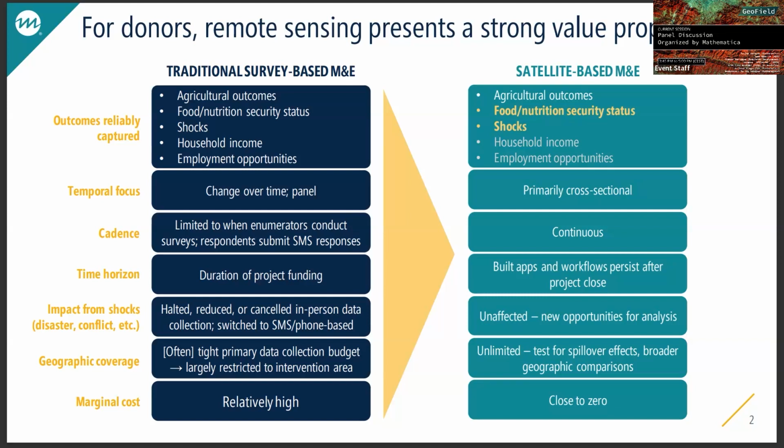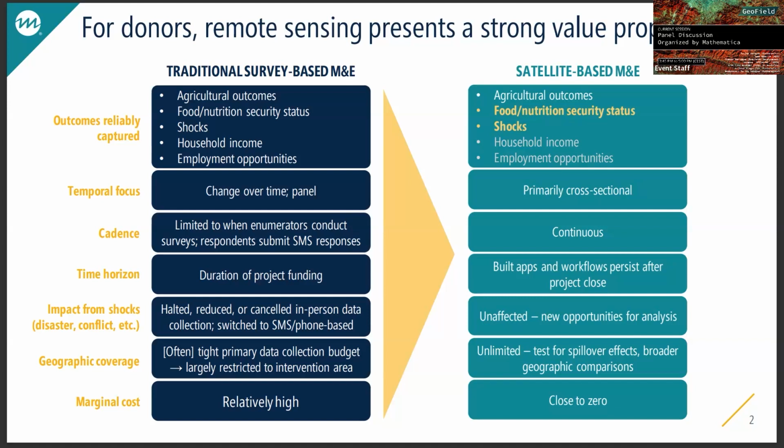So with these large agricultural investments, we're often interested in a pretty broad range of outcomes: food and nutritional security, household income, livelihoods, diversity of sources of employment. And so not all of those outcomes are measurable from space. There are various data products that get at a clustered level, like assets for individual villages.